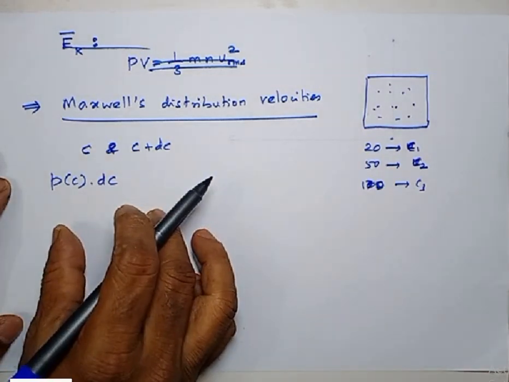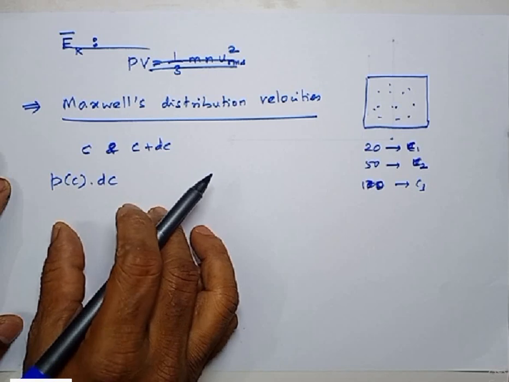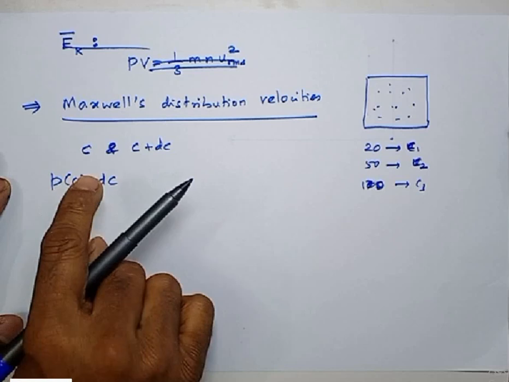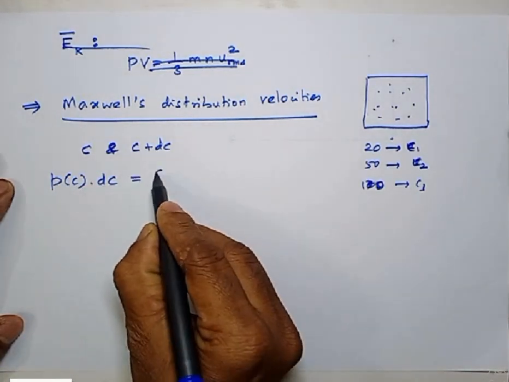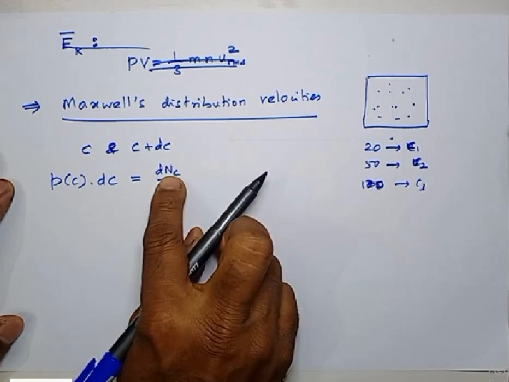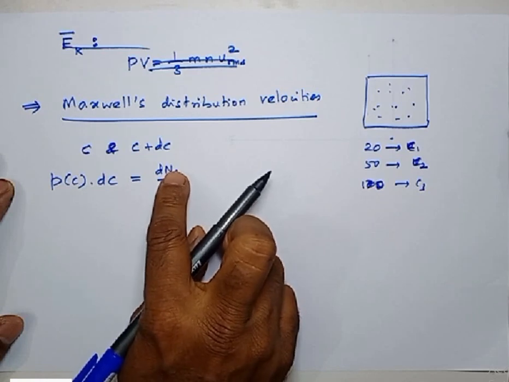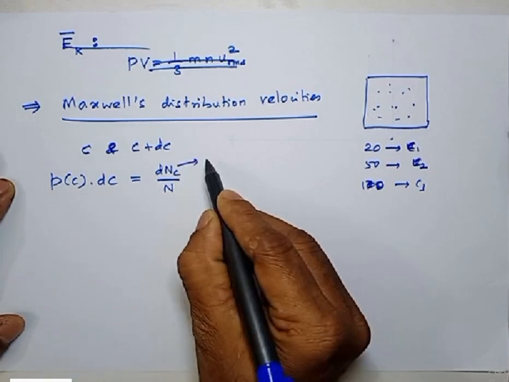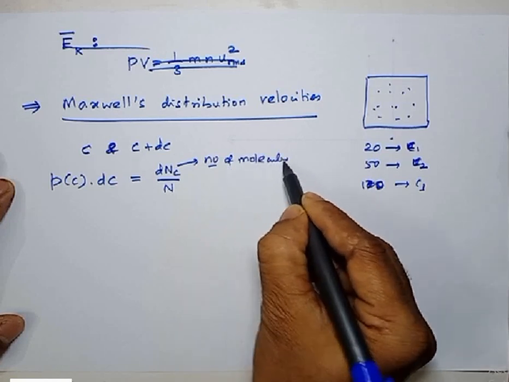It is the fraction of molecules having the velocity in the range dc, which is nothing but dNc by N. What is dNc? dNc is the number of molecules having velocity in the range c and c plus dc.